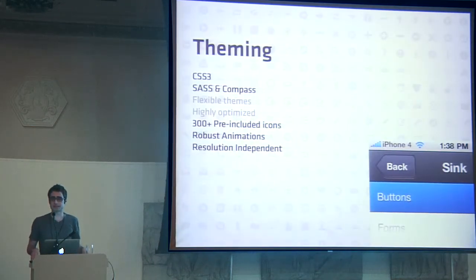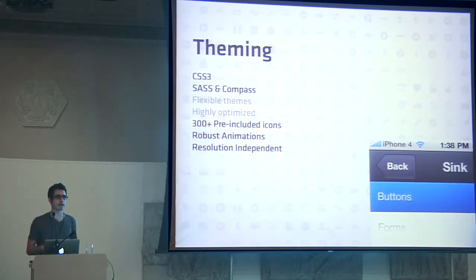On the theming side of things, this is my contribution, my brainchild to the framework. This is my favorite part. All of our themes are, first of all, based on CSS3 because we're targeting WebKit, so you get all of the awesome gradients, text shadows, box shadows, etc. But then we've taken it a step further and abstracted that with Sass and Compass.